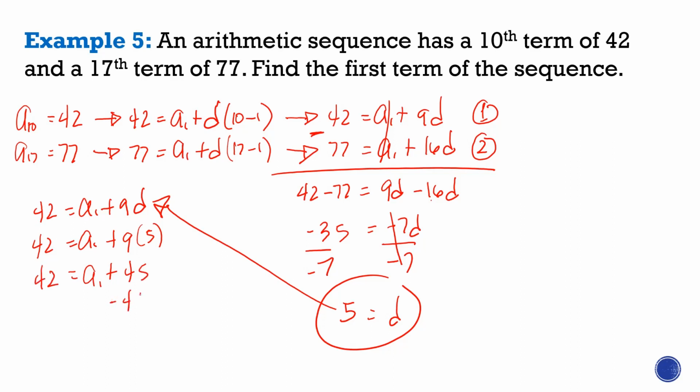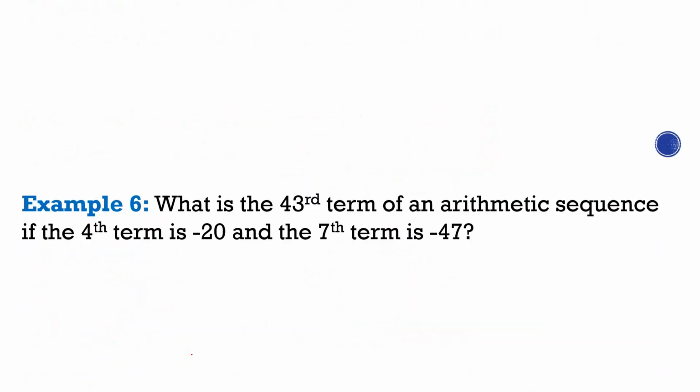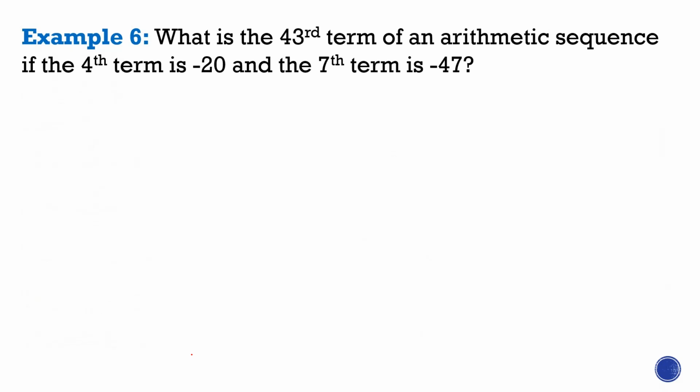And then minus 45 on both sides. This is negative 3 equals A1. There you go. That's our first term in the sequence. Okay? Let's go to the next example.